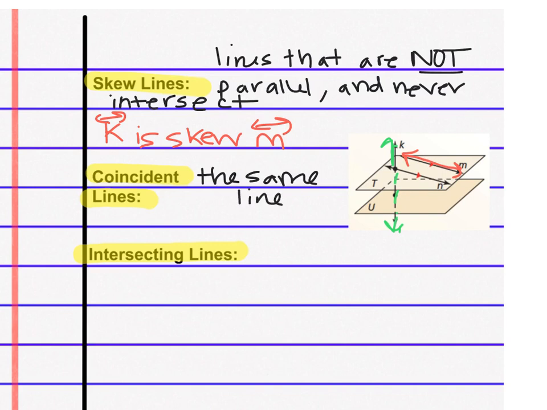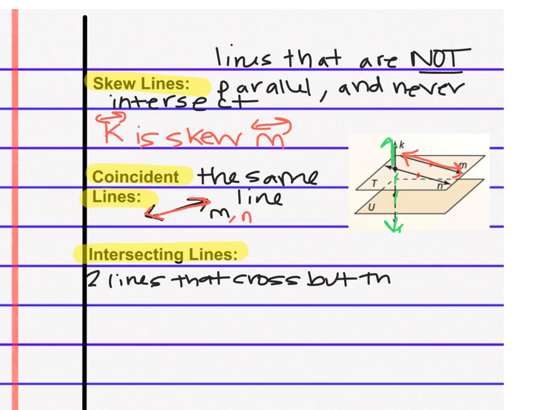Coincident lines are basically the same line. For example, two lines that are basically on top of each other. So let's say that's line M, and this is line N. Those would be coincident. Okay, intersecting lines are two lines, it could be more, but we'll just say two lines that cross but that aren't perpendicular.